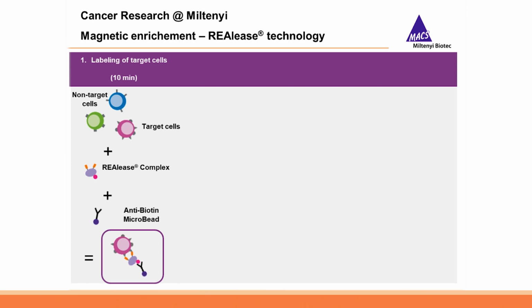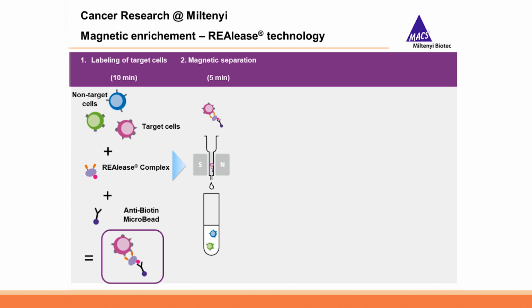Briefly, the REAlease technology relies on recombinantly engineered low-affinity antibody fragments that are multimerized in the REAlease complex. Cells are labeled with these biotinylated complexes and anti-biotin microbeads.